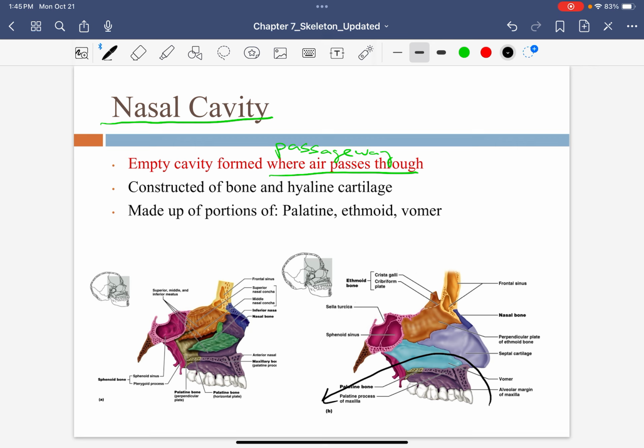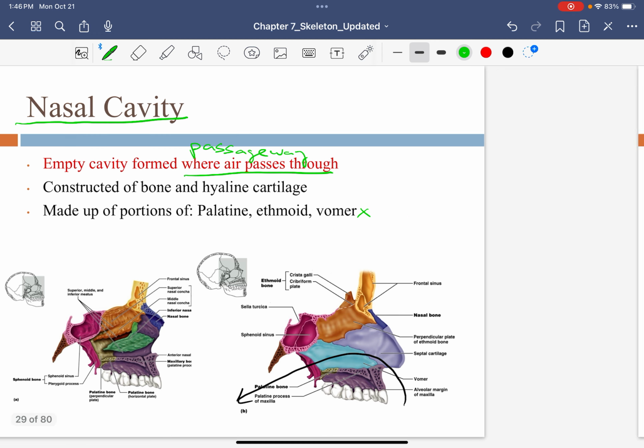And the walls of the nasal cavity are made up of multiple bones: the nasal bone, part of the ethmoid, the palatine, the vomer. You don't need to know what bones make it up, but just know that the nasal cavity would be the passageway that air passes through. And of course, that passageway is lined with bone.